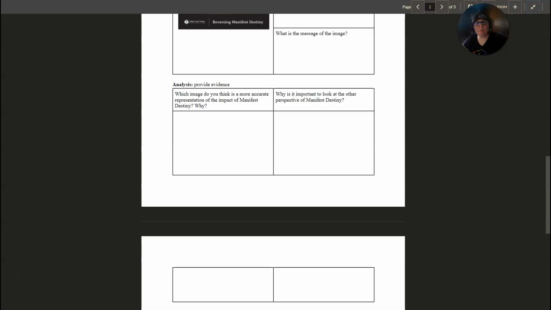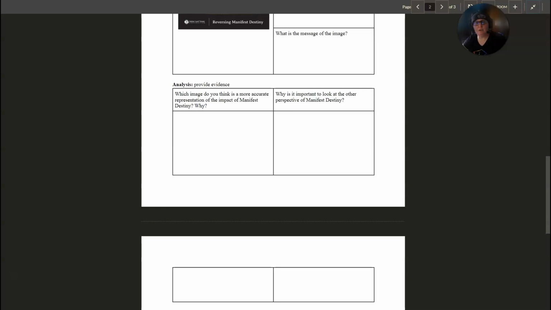I'm less interested in whether you think it's the first image or the second image than I am in that why question. What makes you think one image is more accurate of the impact than the other? Give me good reasons from your reading, from your knowledge, and you get credit, no matter which image you pick, just to be very, very clear.